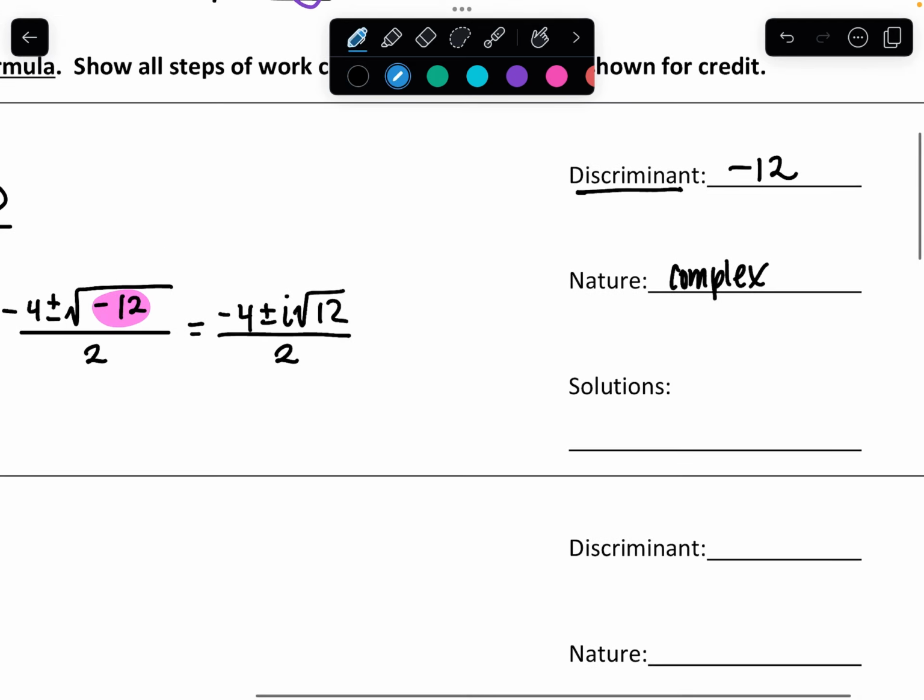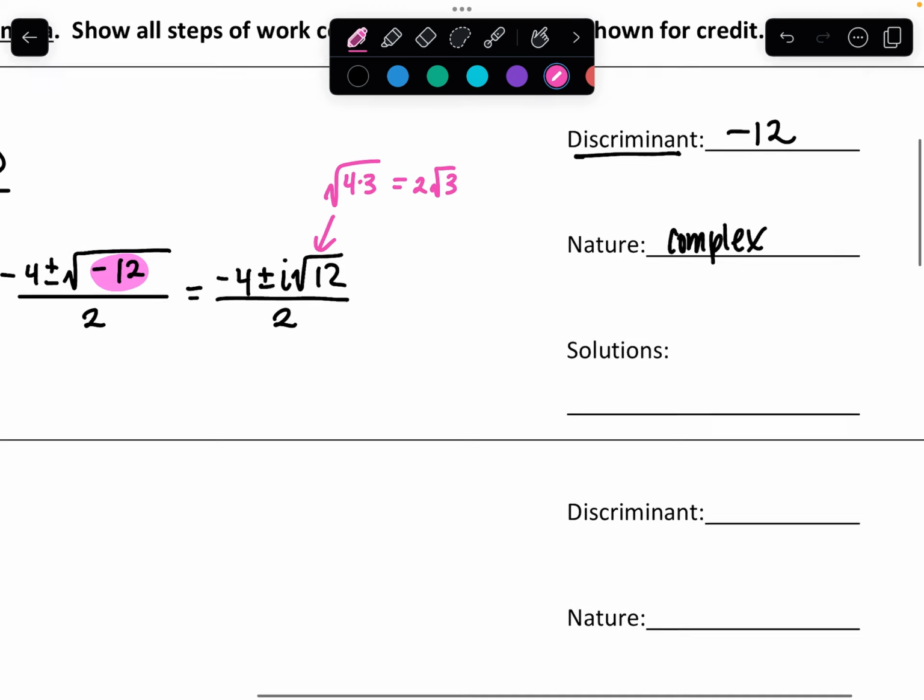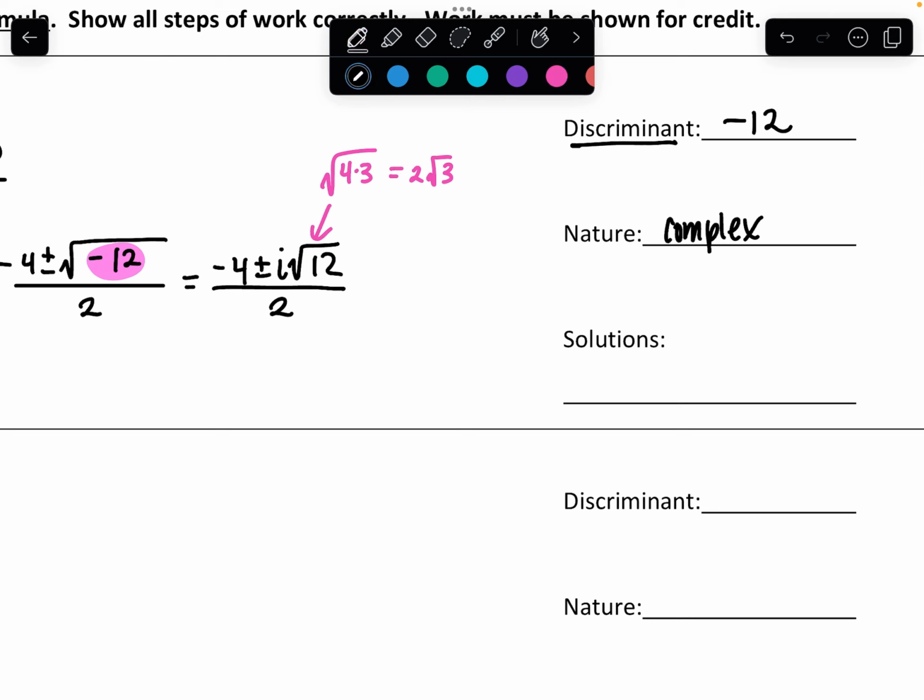And then we can simplify square root of 12 to square root of 4 times 3, which means we can take a 2 out as well. So -4 plus or minus 2i square root of 3 over 2.